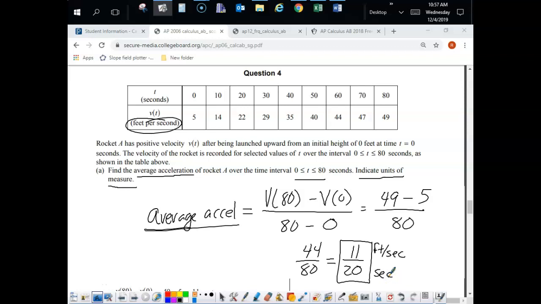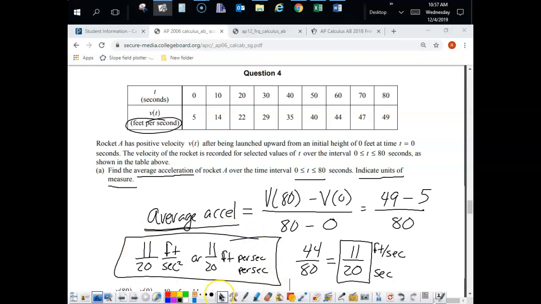There are two ways you could write it. You could say it's 11 over 20 feet per second squared, or you could say it's 11 over 20 feet per second per second. Either one of those is a good answer to use.